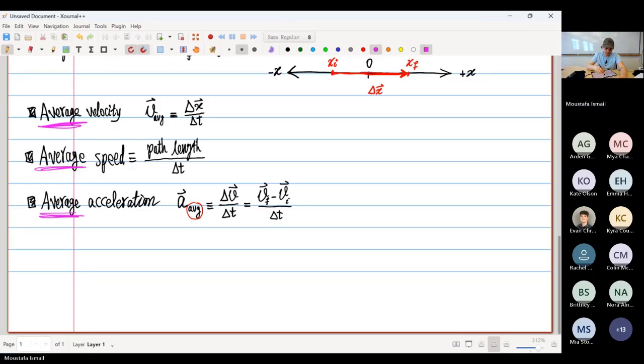So this delta t that we have, we can make it smaller and smaller and smaller. Like take the average over 1 second, or even better, take the average over half a second, or even much better, take the average over 1 millisecond, 1 nanosecond, whatever. Make it as small as you can.